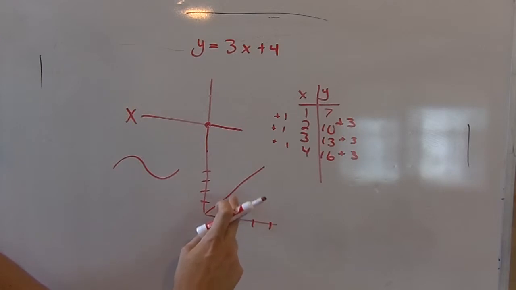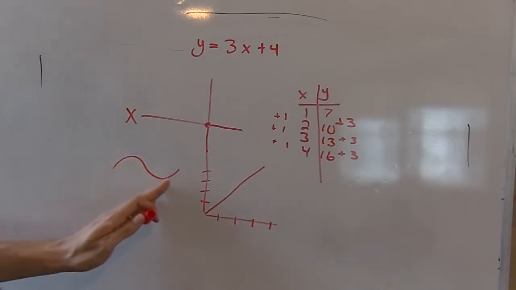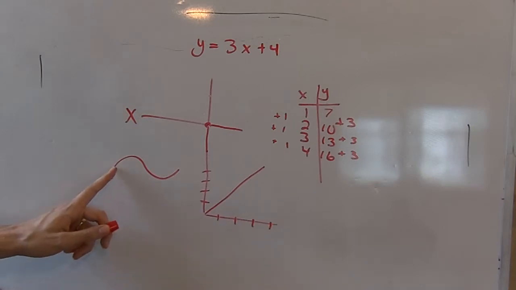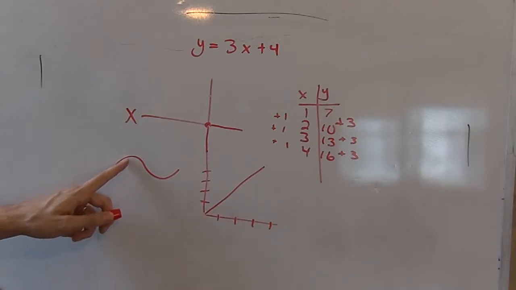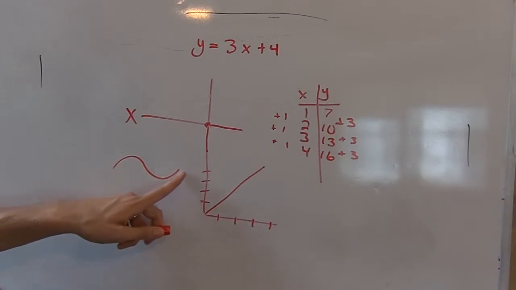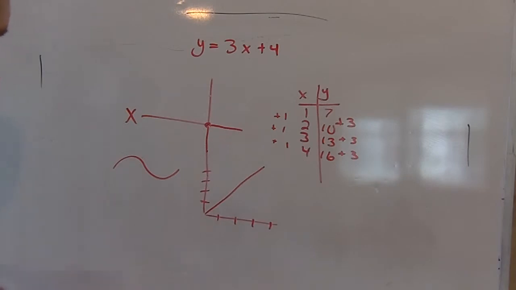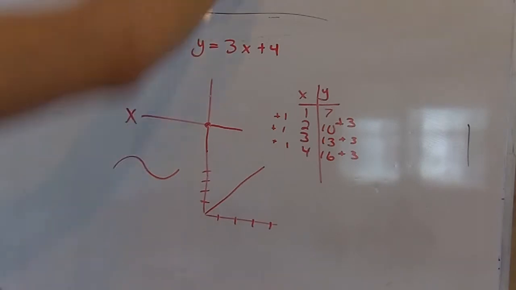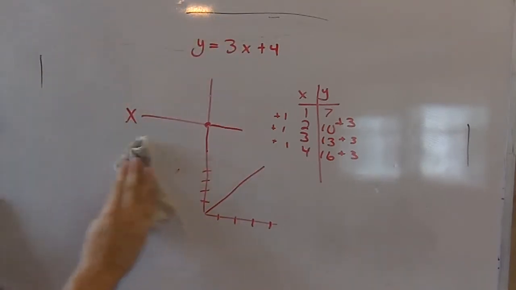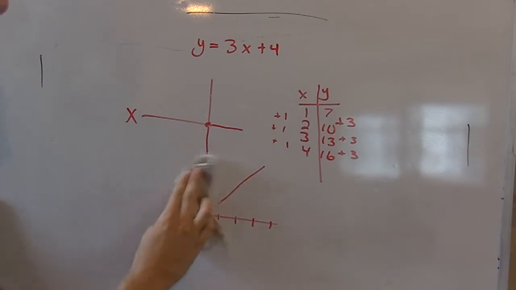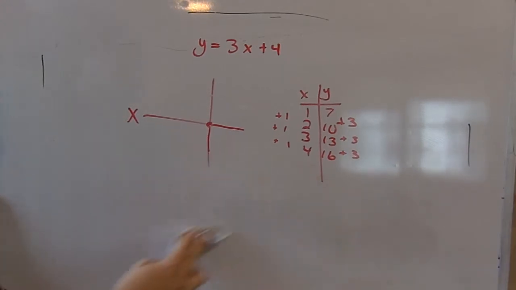Another hour's passed, I've driven another 55 miles. Whereas over here on this wave, it looks like I'm progressively getting faster and faster and faster, and then I start to slow down more and more and more, and then I start getting faster again. Whereas with this straight line, it represents a constant rate of change. So the same thing is happening over and over and over again.